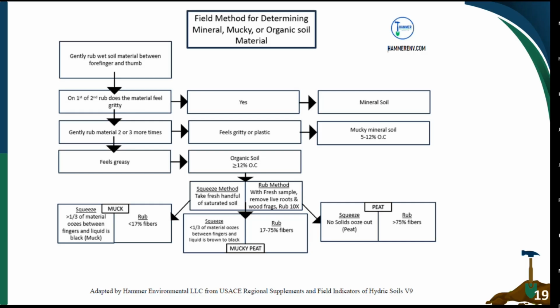In the field indicators for hydric soils on page 3 and in the core regional supplements, there is guidance for making field estimates for determining organic content. What I've done here is adapt that same language from the indicators and the regional supplements into a flow chart. I'm not going to have the time to go over this in detail, but I want you to know that this is a reference that you can get from the Hammer Environmental website.